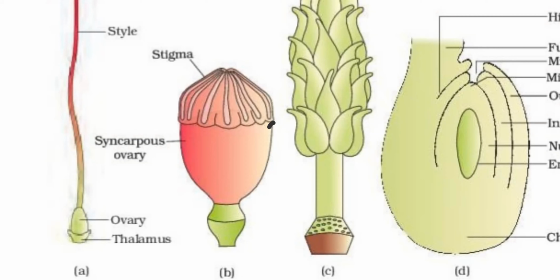Hilum actually indicates the junction between dash and dash. It indicates the junction between ovule and funicle. That junction is hilum. Each ovule is protected by at least one or two protective layers.